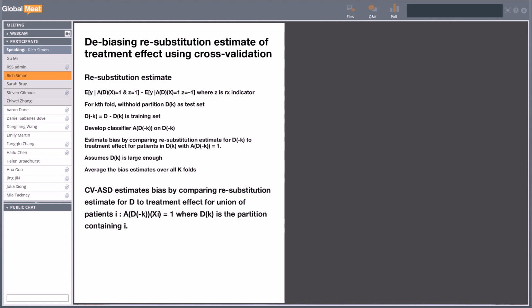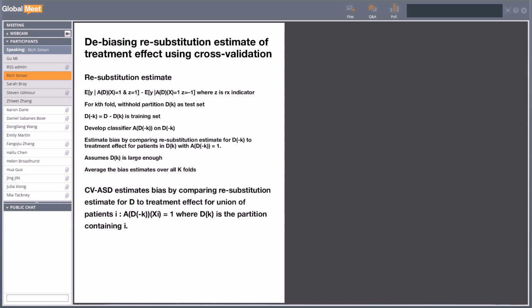The way we used it was essentially a pre-validation idea in which we didn't do things totally separately based on the loops of the cross-validation to de-bias the resubstitution estimate, but rather estimated for each patient in the entire study, based on cross-validation, whether that patient is predicted to benefit or not.